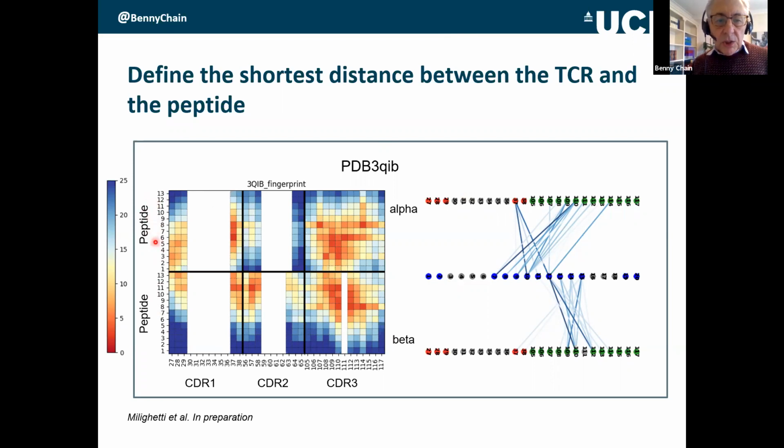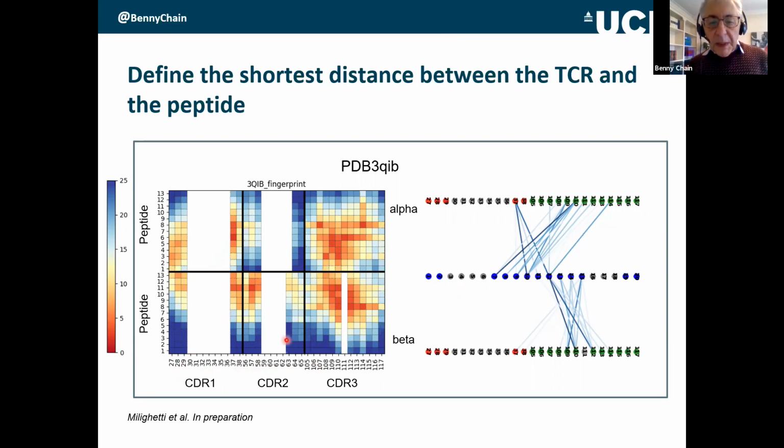So this is the antigen going from amino acid 1 to 13. In general, these are between 9 and a little bit more than 13 in length, so short peptides. And then along the bottom is the standardized numbering for the T cell receptor itself, and particularly the loops, the CDR1, 2, and 3 loops.